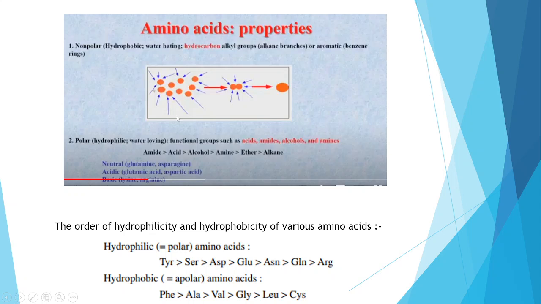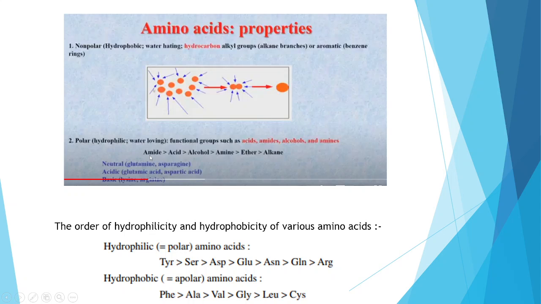Now, polar are different or opposite from this. They tend to love water. These are known as hydrophilic or water loving, and functional groups such as acids, amides, alcohols, and amines. These are water loving functional groups. So this is the order.